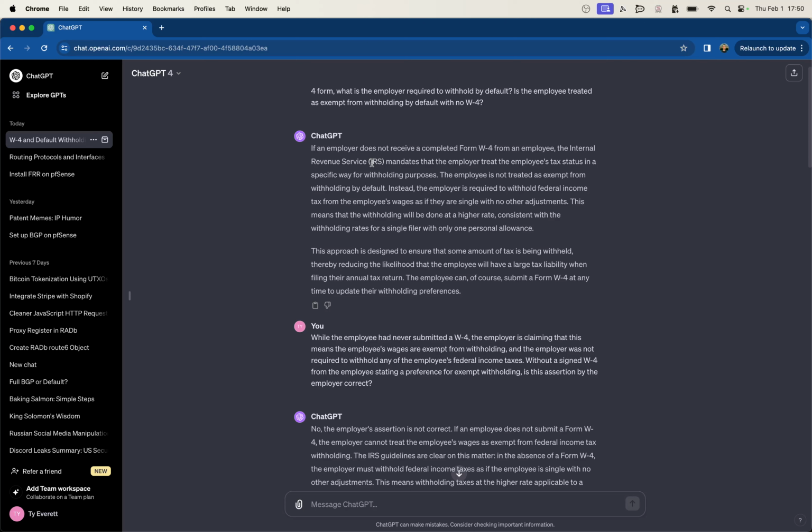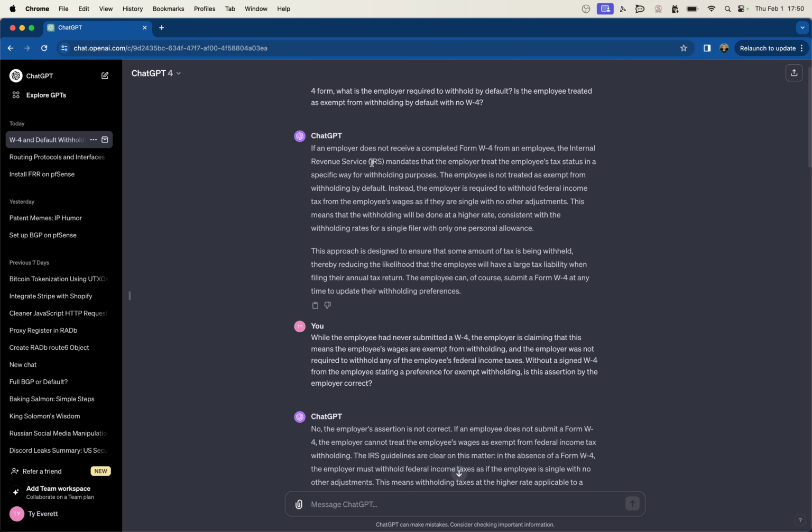The employer has some withholding requirements. Employers are required by the IRS to withhold federal income taxes based on the information provided by the employee on Form W-4, or if no W-4 form is submitted, the employer must withhold at the highest rate, as if the employee is single and claims no adjustments.